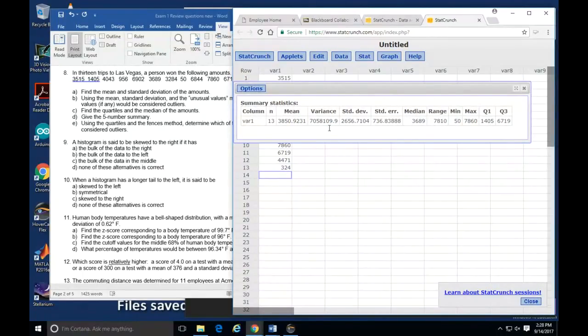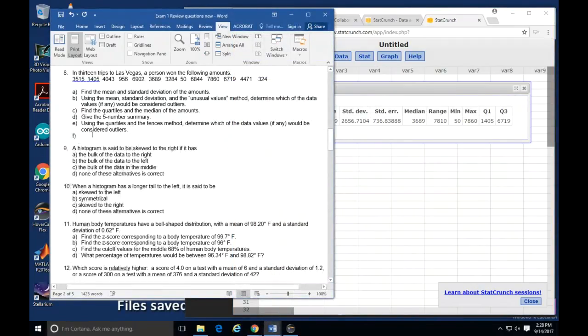The other thing that we talked about doing was the coefficient of variation. You need to know how to do that one. That isn't going to show up on your basic list of statistics, although you can get it if you tell StatCrunch to give it to you. But if you have the standard deviation and the mean, it's really easy to figure out. You just take the standard deviation and divide by the mean.